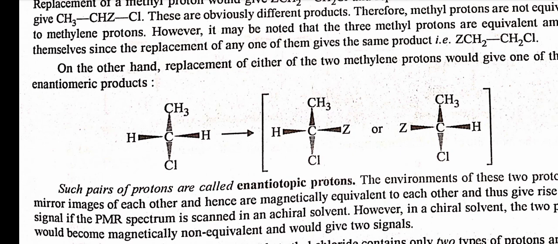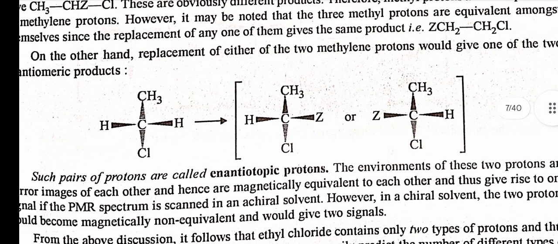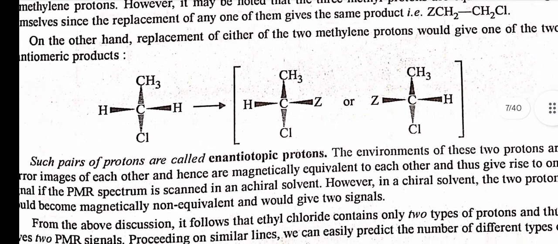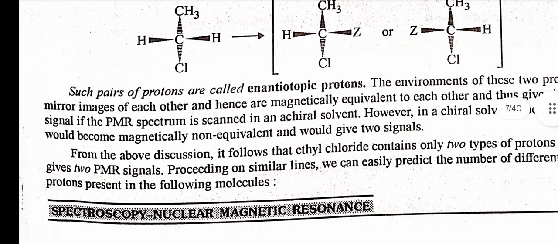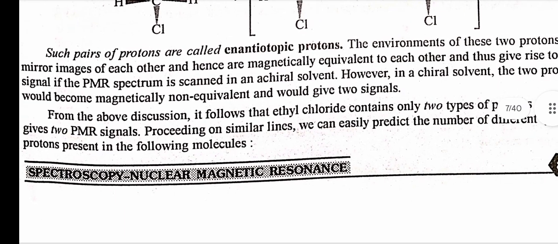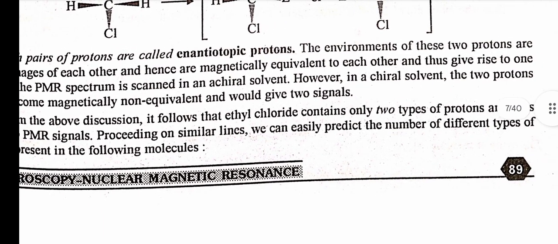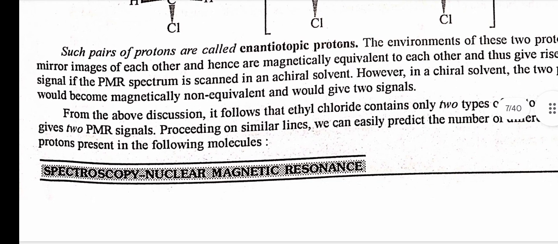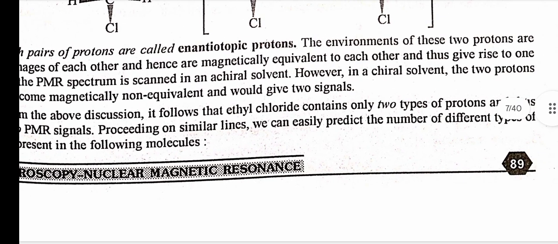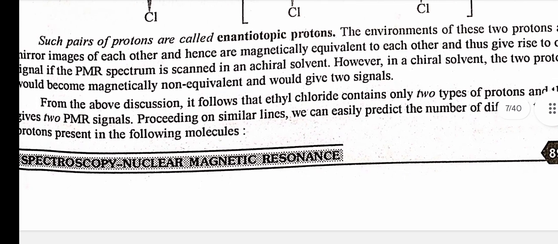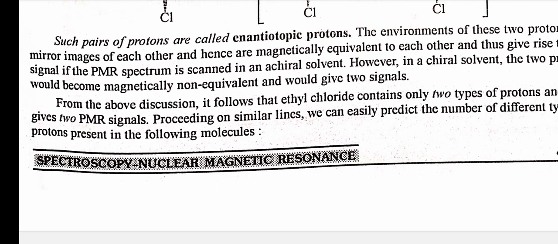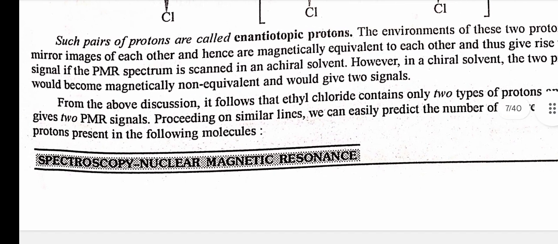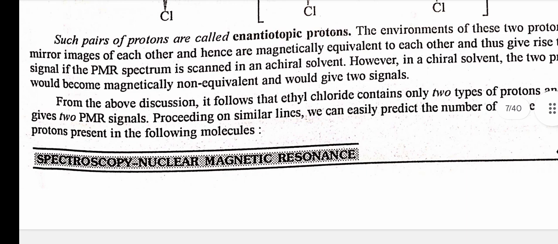On the other hand, replacement of either of the two methylene protons would give one of the two enantiomeric products. Such pairs of protons are called enantiotopic protons. The environments of these two protons are mirror images of each other and hence are magnetically equivalent to each other, and thus give rise to one signal if the PMR spectrum is scanned in an achiral solvent.